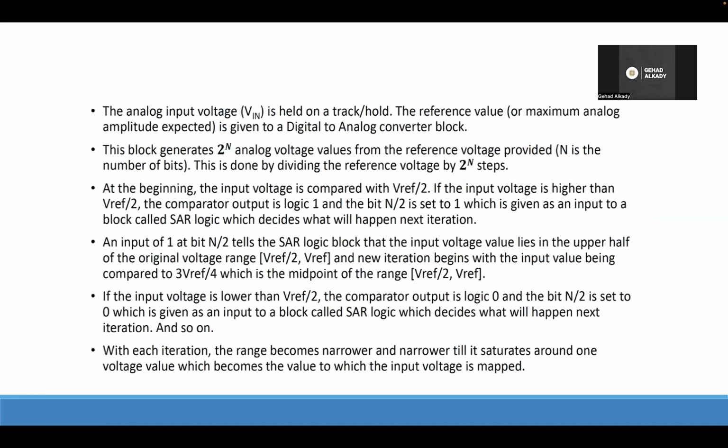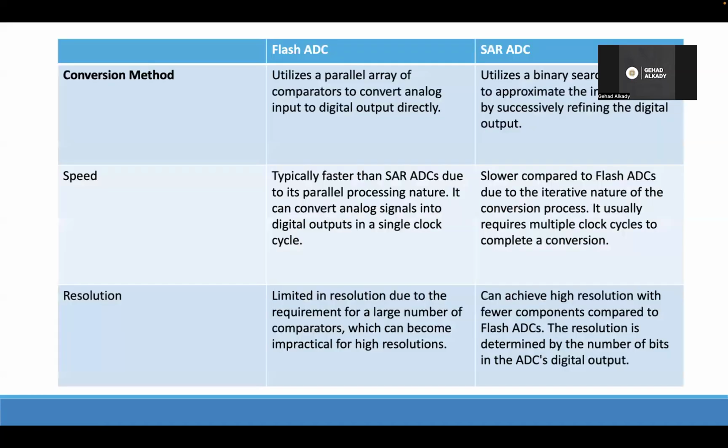So after exploring the two architectures, we want to make a quick comparison between the two ADCs. The first point of comparison is the conversion method. The flash ADC works by a parallel array of comparators.